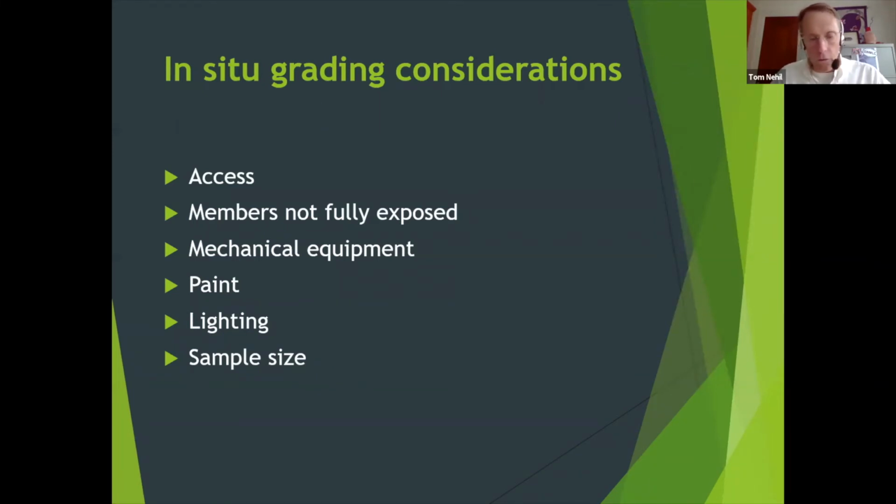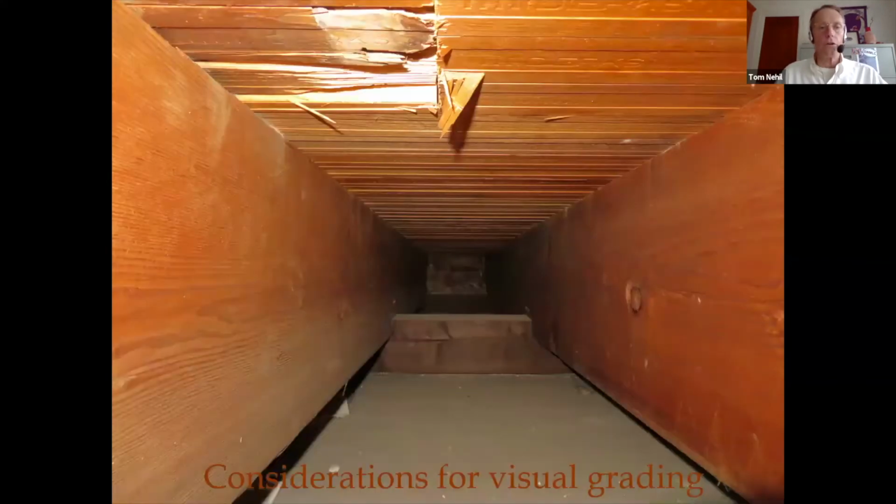Now, joists, of course, you could have hundreds or even thousands of joists in a building. And we don't need to grade every single joist in the whole building. We'll take some representative sampling. How many? Well, as a kind of a guideline, you might say 25%. If you've seen 25% and you see a consistent pattern, I think it's reasonable to extrapolate from there. And so that'll be the strategy we'll use.